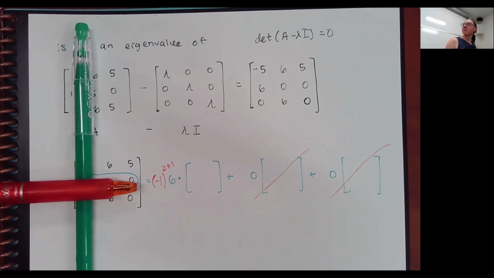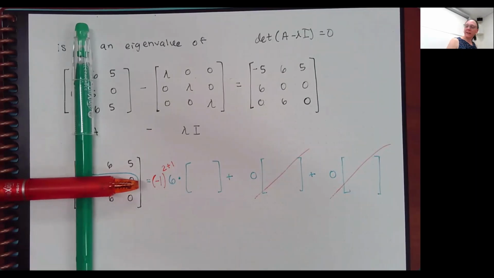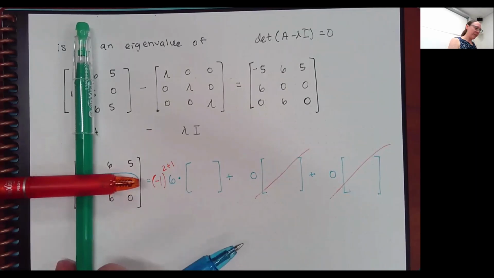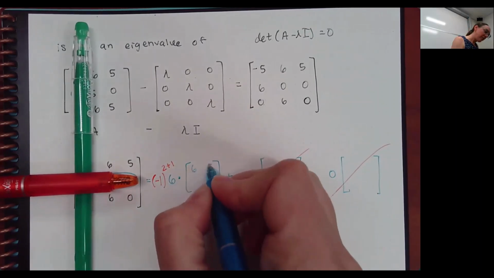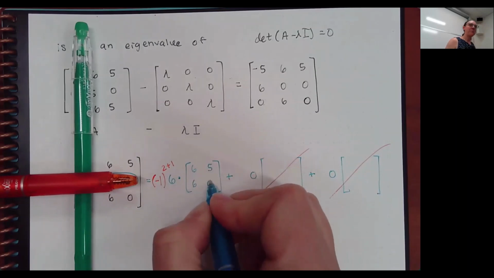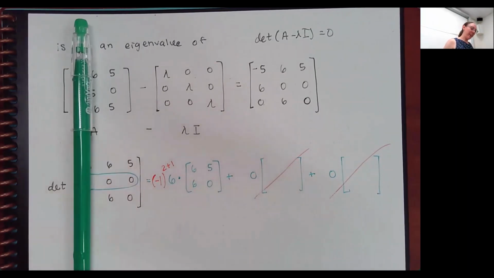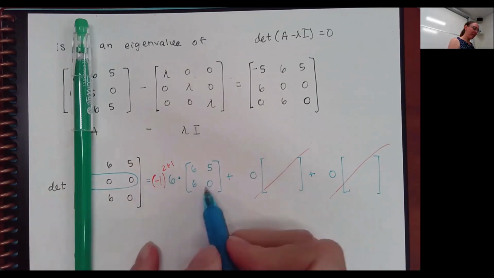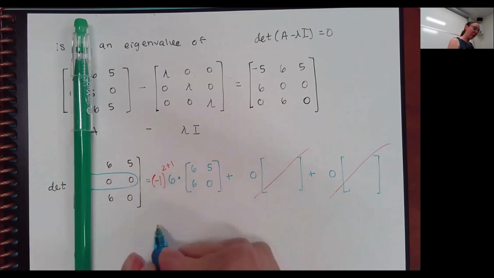What that leaves me with is this smaller 2 by 2 matrix, and it looks like 6, 5, 6, 0. And now I'm going to take the determinant of this one. Now that it's a smaller matrix, I'm good to go.